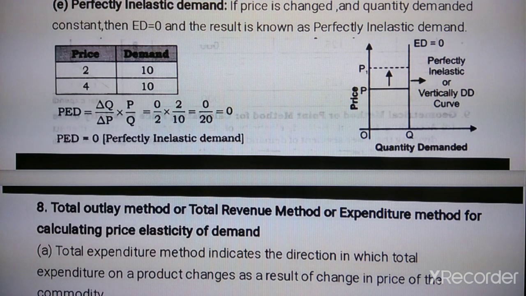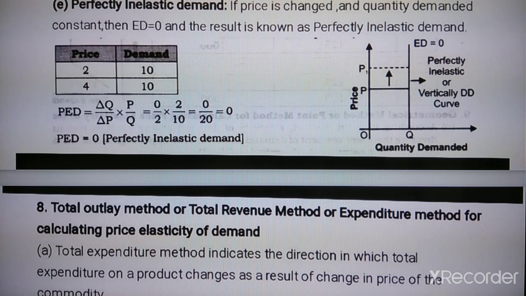Got it? Now just to sum up, if the price elasticity of demand is infinity, that is called perfectly elastic demand, right? If price elasticity of demand is equal to 1, it is called unit elastic demand. If price elasticity of demand is greater than 1, then we call it elastic demand.